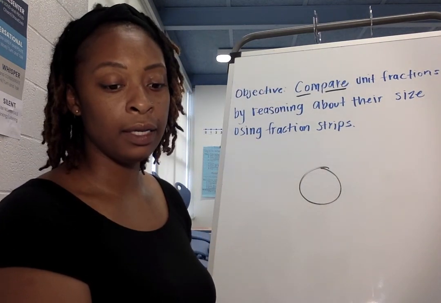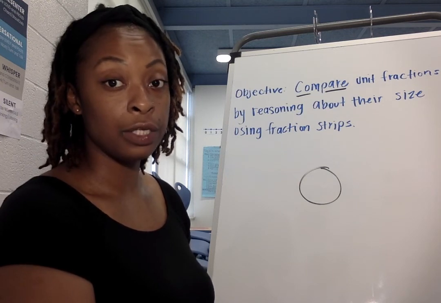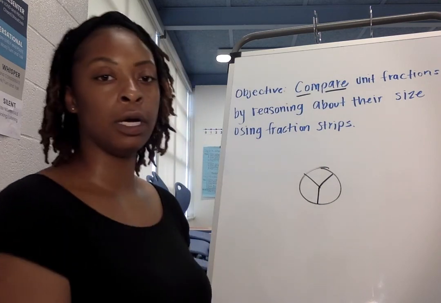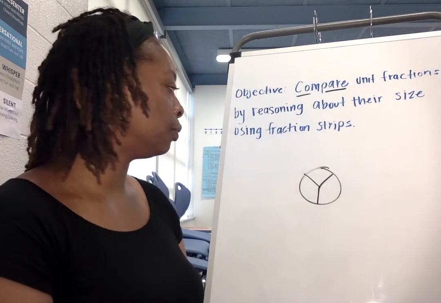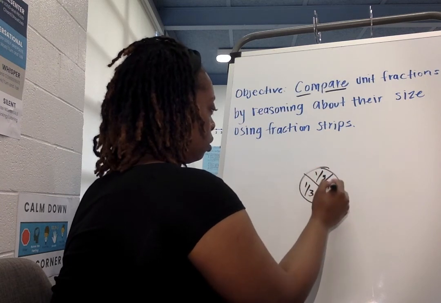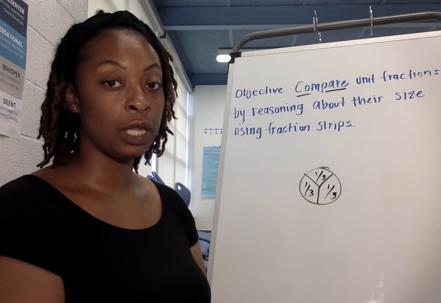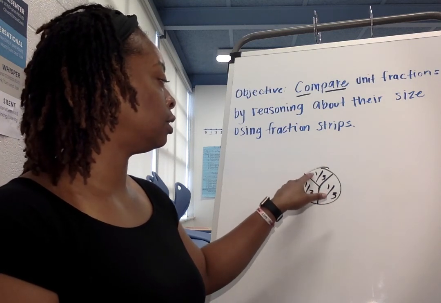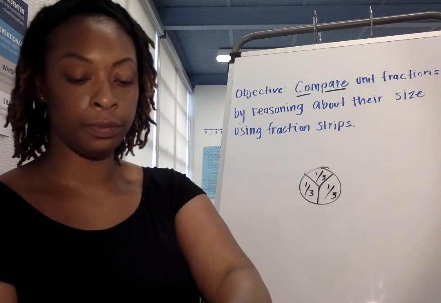And she divided each batch equally into thirds to give away. So we know that to make our thirds in our circle, we just draw like a Y in the middle. And so each of these is 1/3. Okay, 1/3 because there are three pieces. There are three sections, and each section counts for 1/3.